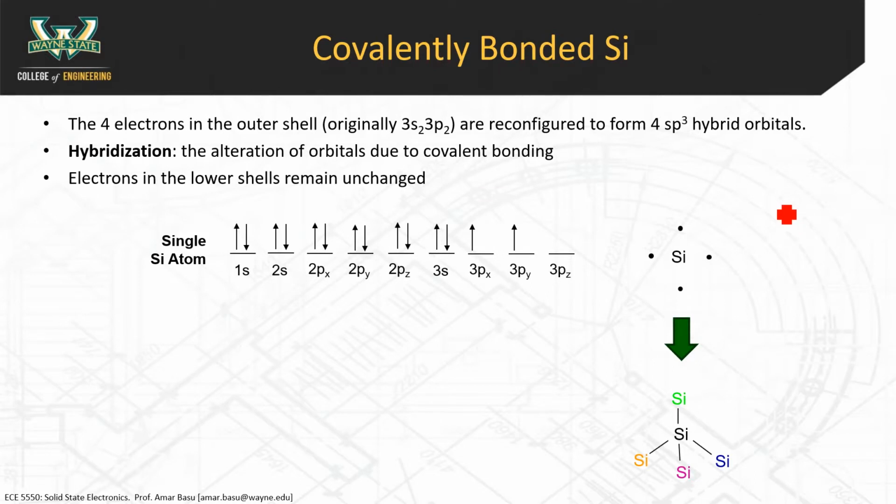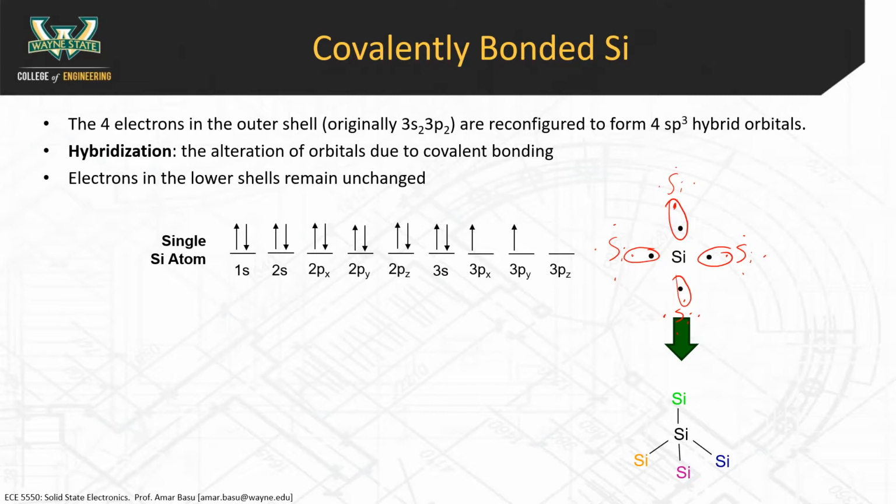There was a silicon atom here with 4 dots, a silicon atom here with 4 dots, on all sides. This electron and this electron form a covalent bond. This forms a covalent bond. This forms a covalent bond. And this forms a covalent bond.